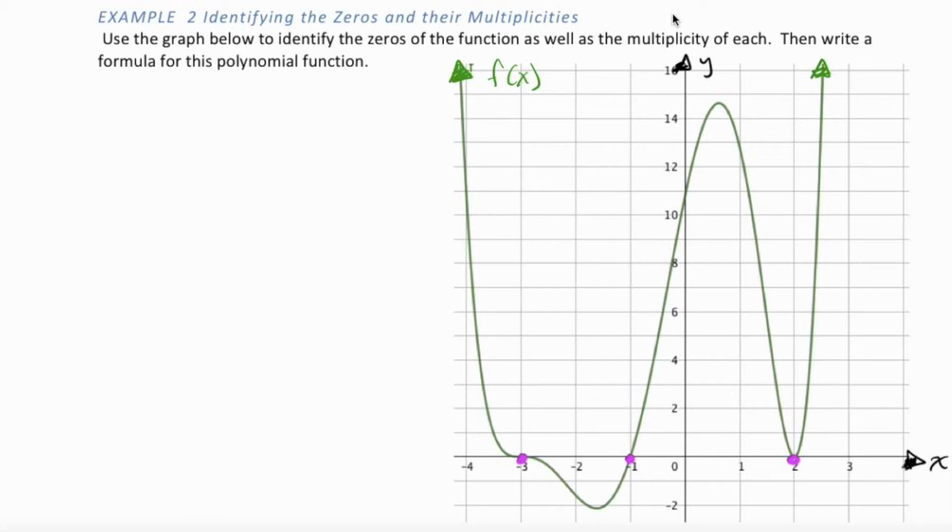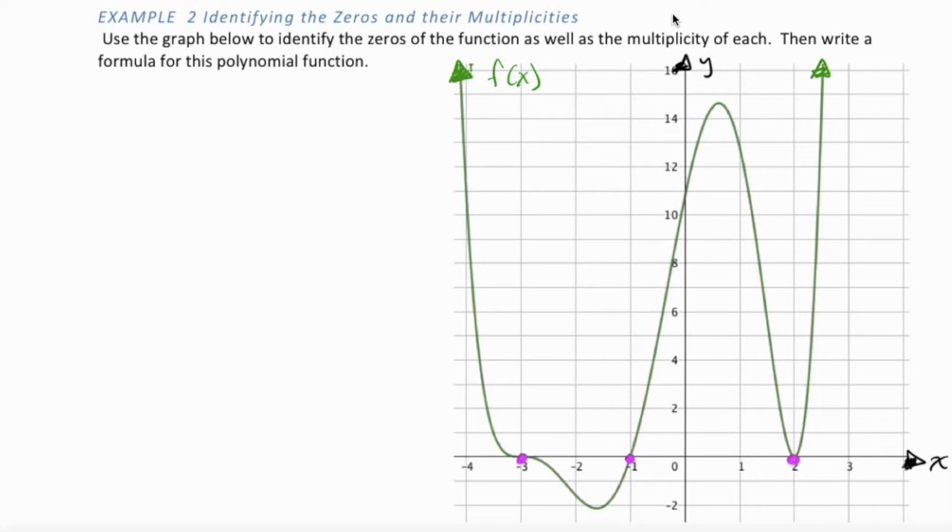If you notice, this almost looks like the graph of negative x cubed. And this here crosses as a straight line. And this one here only touches the x-axis.